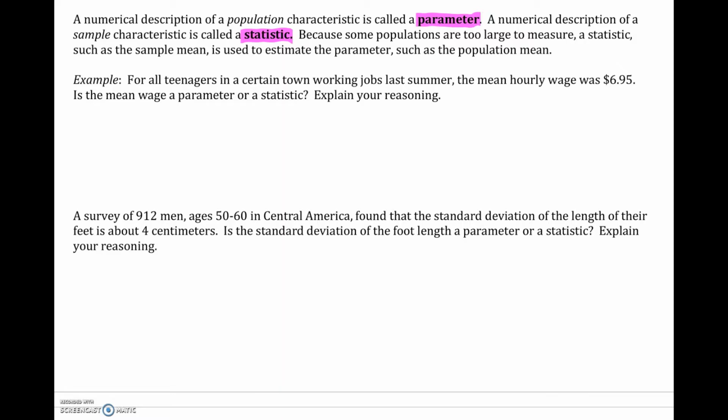Like I said, populations can be so large, so some statistics are used to estimate the parameter. Okay, so what we want to do next is make sure we understand the difference between parameter and statistic. And a couple of things for notation, just so we are clear. Just like I mentioned before, we had different notation for sample standard deviation with the S and population standard deviation with the lowercase sigma.